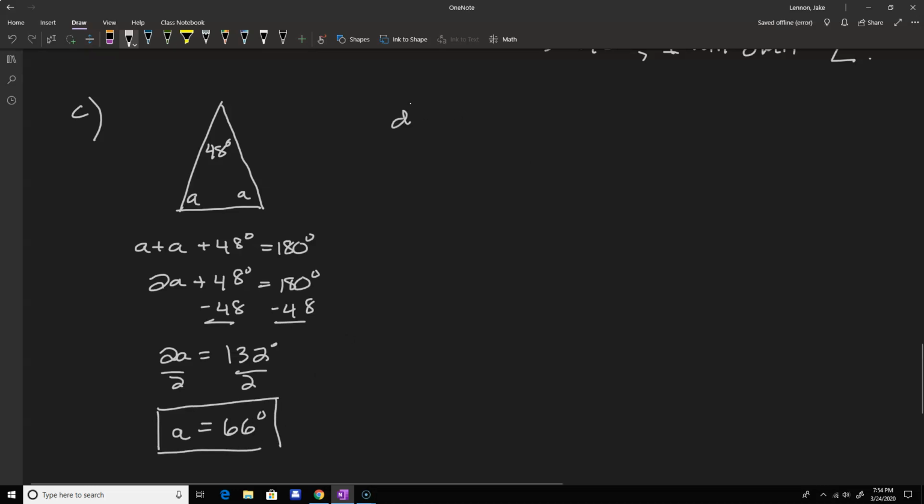And then D. Let's do one great big example with parallel lines here. So these lines are parallel. A lot of times to indicate that two lines are parallel, they might write little arrows somewhere in the middle. So that indicates that they're parallel. Anyhow, for us, we've got this transversal.